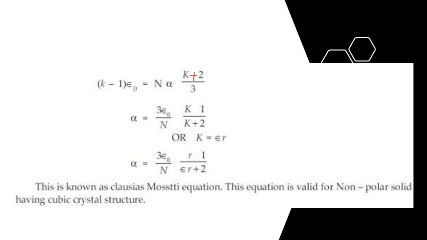Now, if you resolve this, you can bring all this to this side and you will be left with 3 epsilon 0 upon N into K minus 1 upon K plus 2, where K is equal to epsilon R.